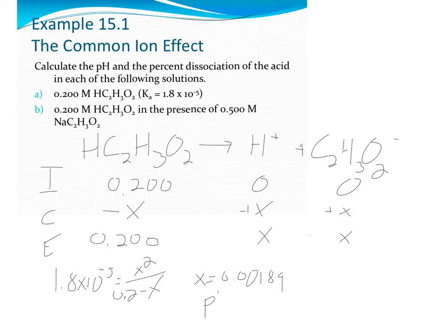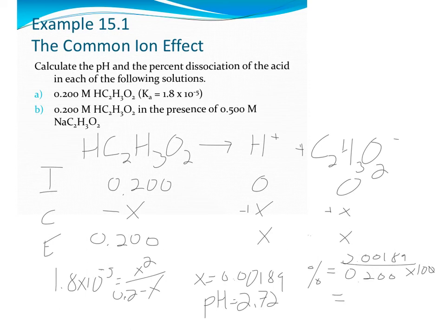The pH coming off of that is going to be 2.72, because that is my hydrogen value. And then to get the percentage here, we look at our x value, how much dissociated, 0.00189 over my original 0.2 times 100%.